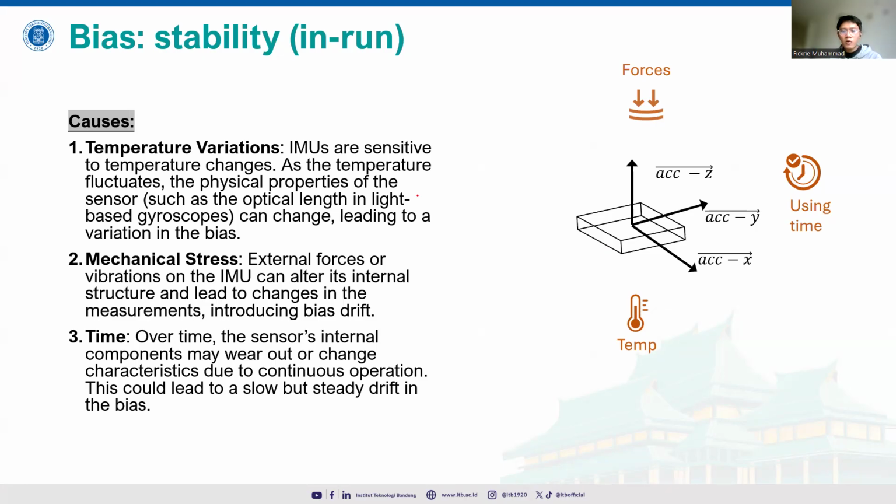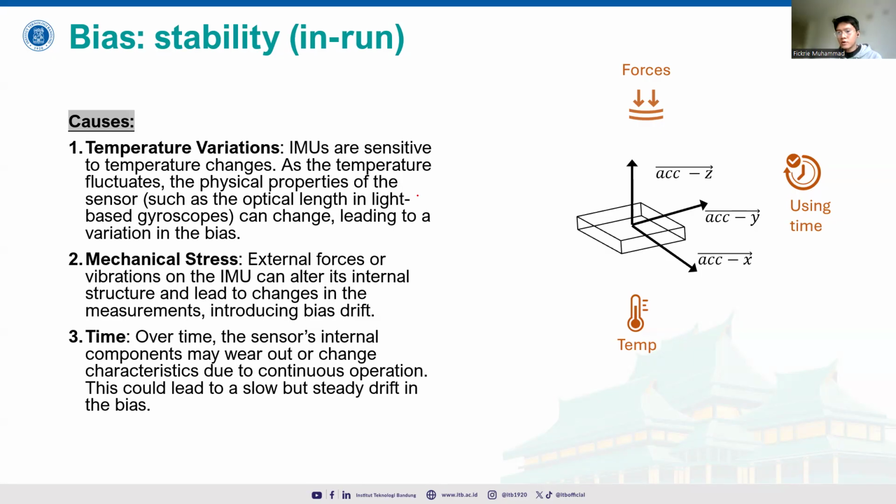But if we know how the temperature reacts, for example, if the temperature increases linearly over time, we can estimate that in our bias. But if we have random forces or random mechanical stress, external forces, we'll have a more unstable bias during our course.